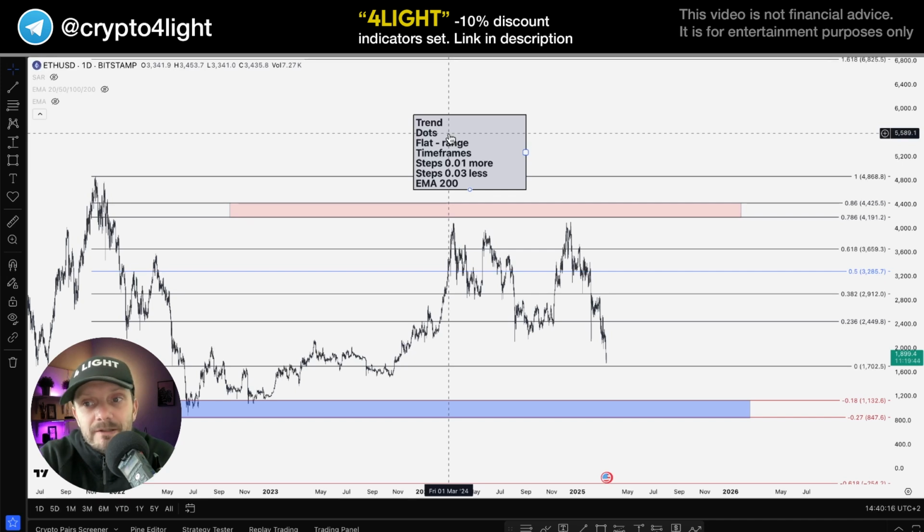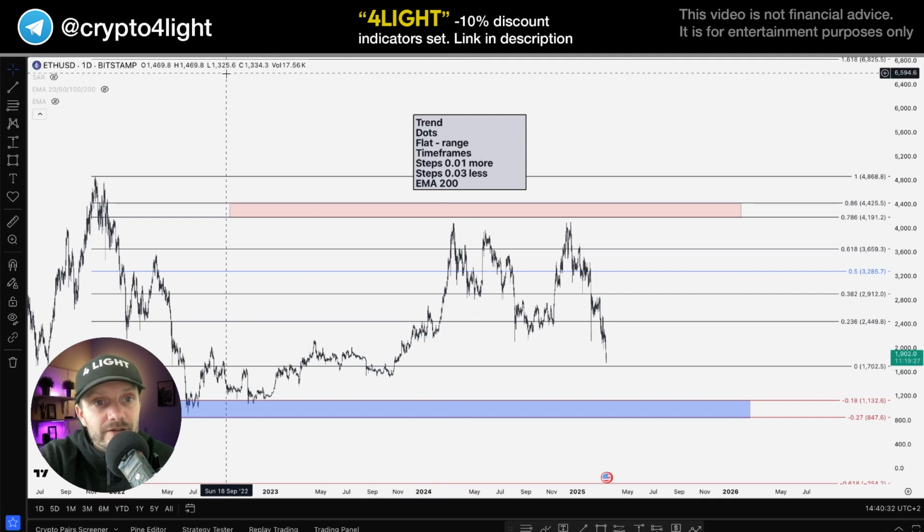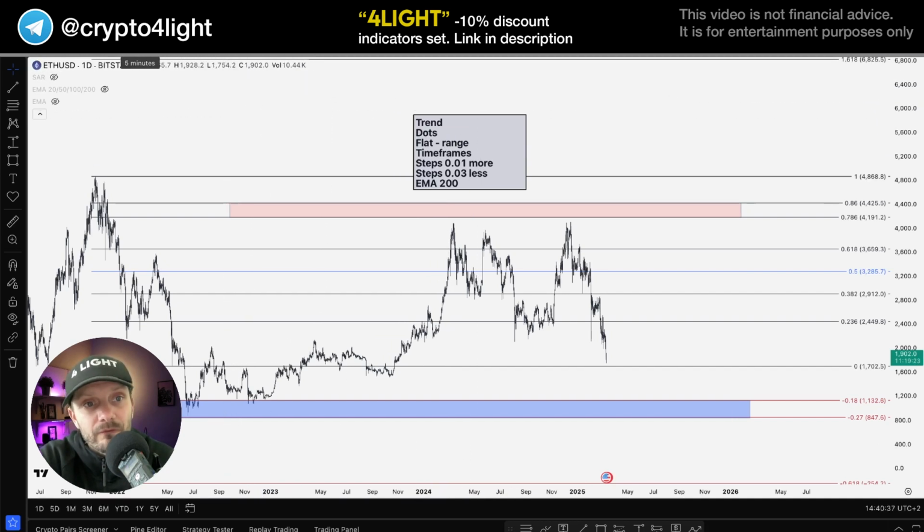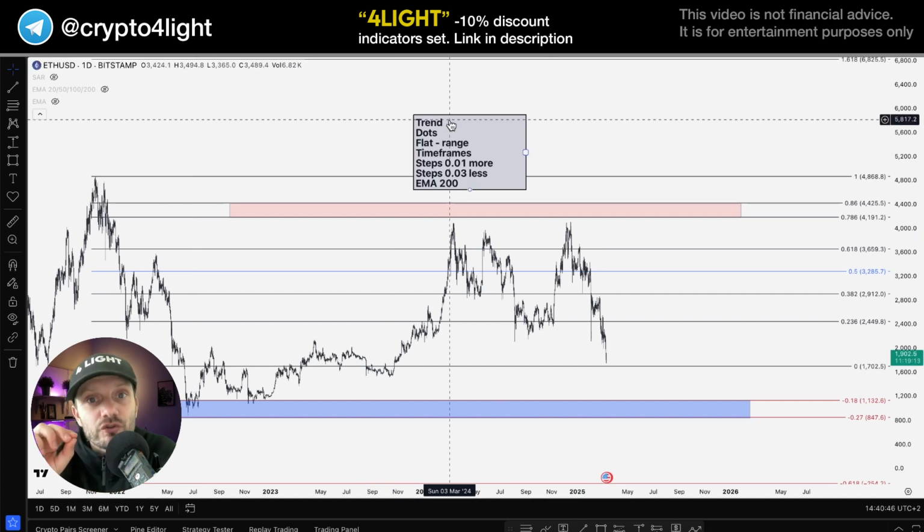If you trade and buy some assets on a weekly time frame, like I do on spot, it also gives you information more for investment or swing trades, position trades. But if you trade intraday, daily, 12 hour, 4 hour, 1 hour, even the 5 minute time frame, you have to understand the more signals you get, the more often the trend will change. So this is a trend indicator. Everything is pretty simple. I'll show you on an example.